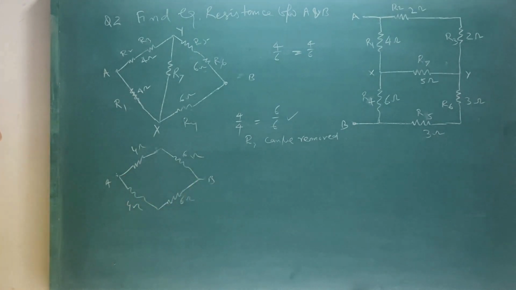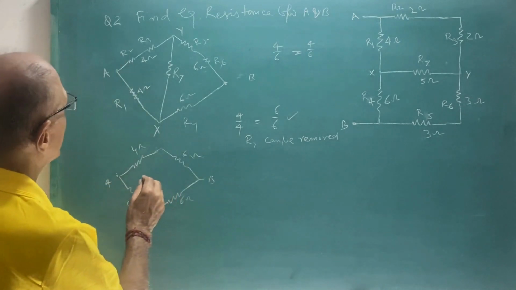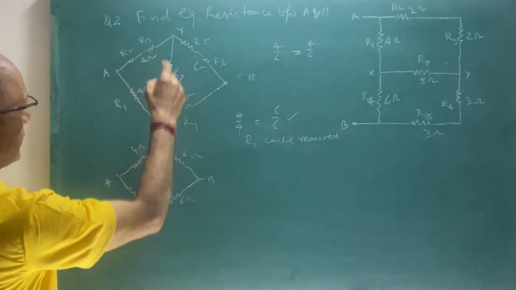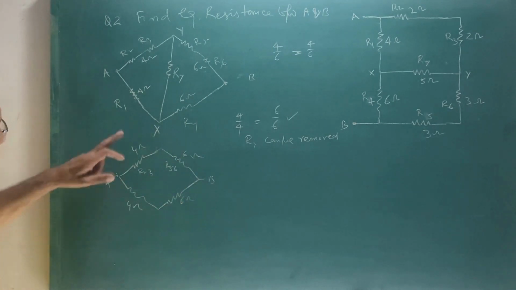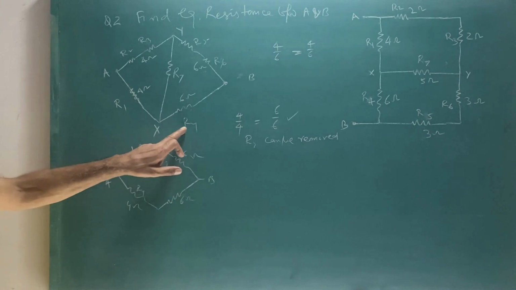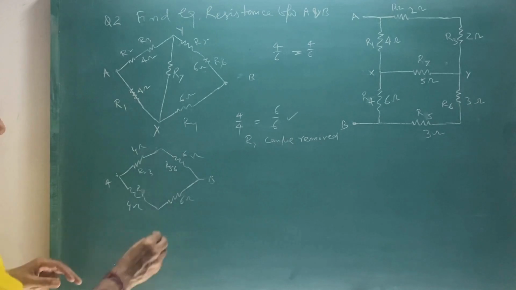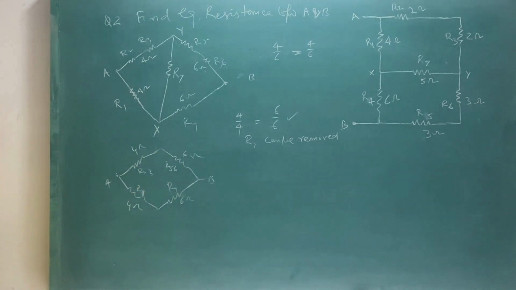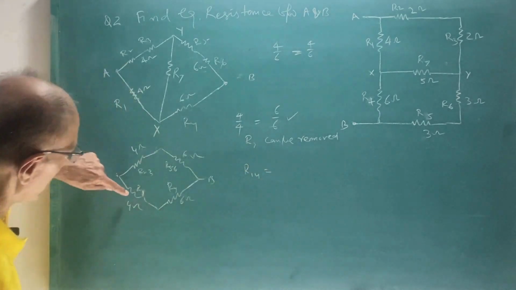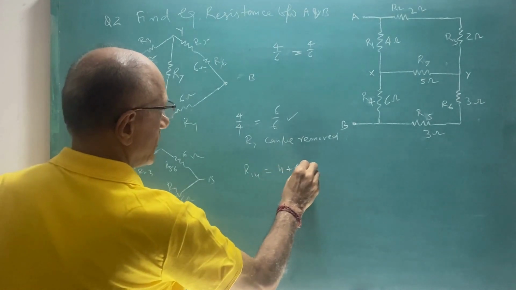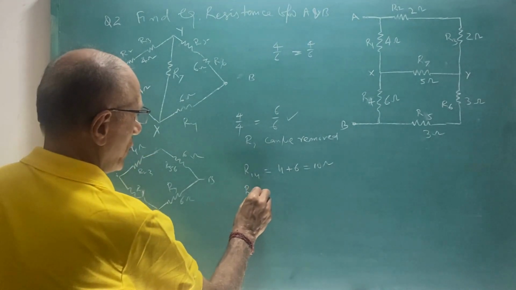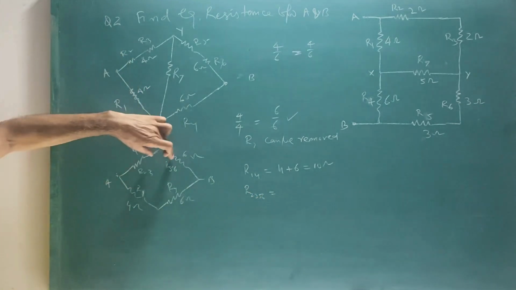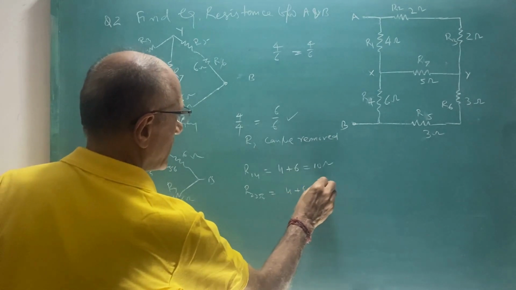So this is B and this is A. Now these two are in series, so if I say R23 and R56, R4 and R1, R14 will be equal to 4 plus 6, that is 10 ohm, and R2356 becomes 4 plus 6, that is 10 ohm.